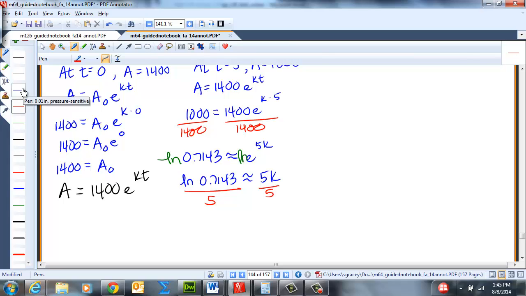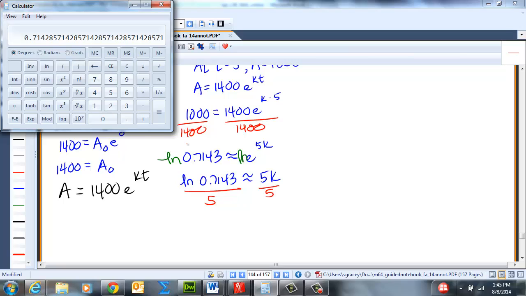And let's see what we get. I'm going to clear it. So 0.7143, and we want the natural log of that number, and we want to divide by 5, equals.